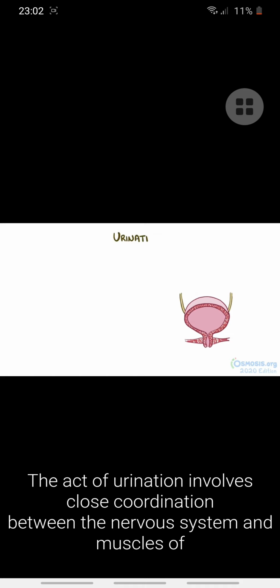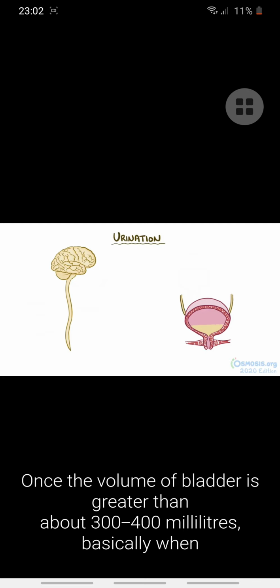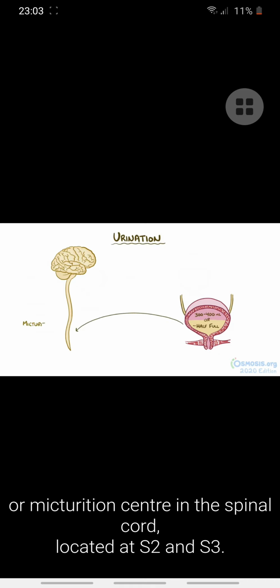The act of urination involves close coordination between the nervous system and muscles of the bladder. Once the volume of the bladder is greater than about 300-400 milliliters, basically when it's half full, pressure on the bladder is increased and sends signals to the urination or micturition center in the spinal cord located at S2 and S3.